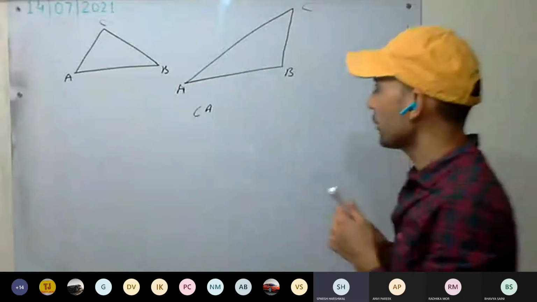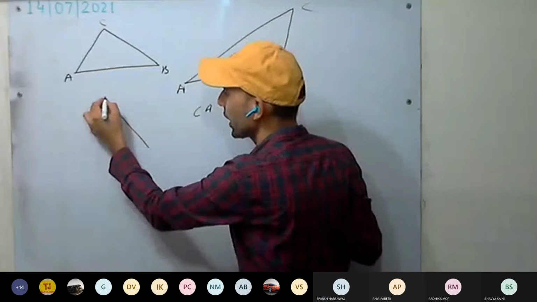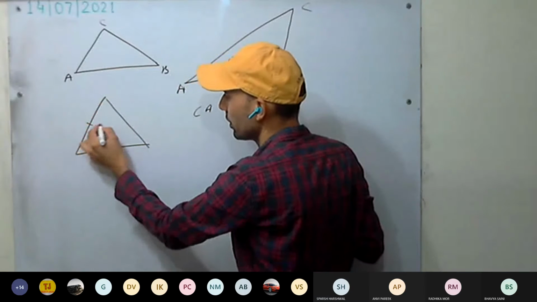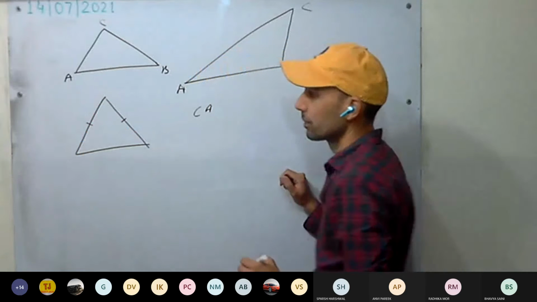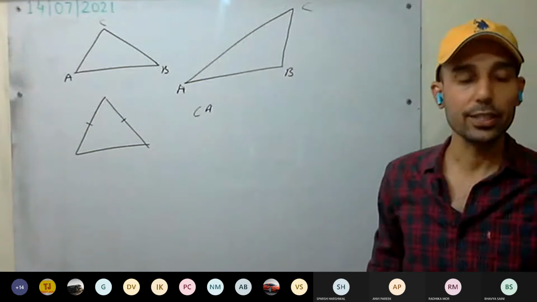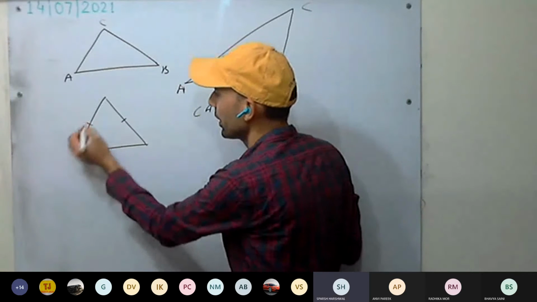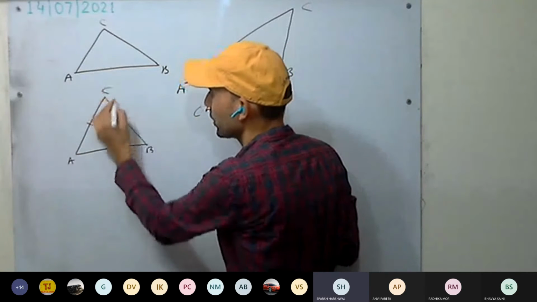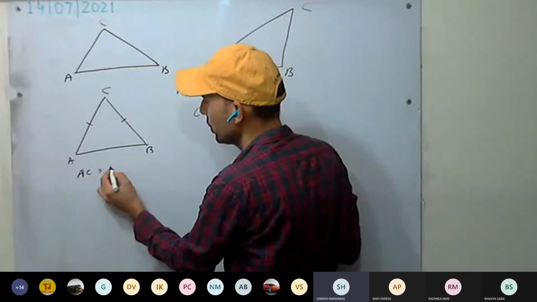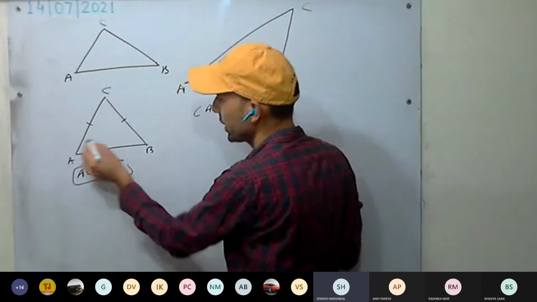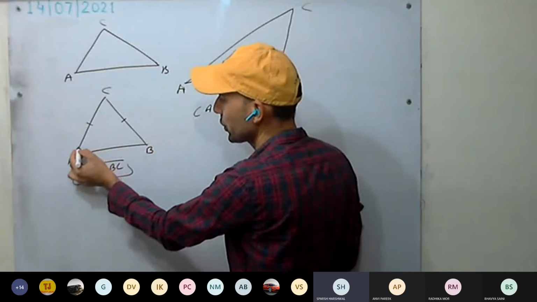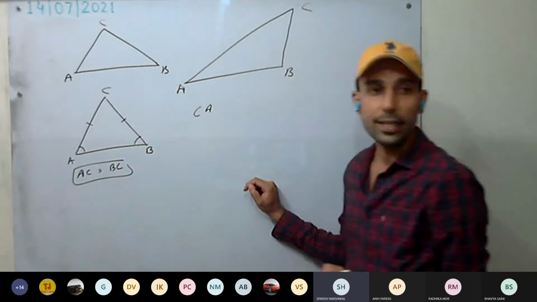First one. If two sides of a triangle are equal, then the angles opposite them will be what? A, B, C. So here AC equals BC. These two sides are equal. It means angles opposite to them are also equal.